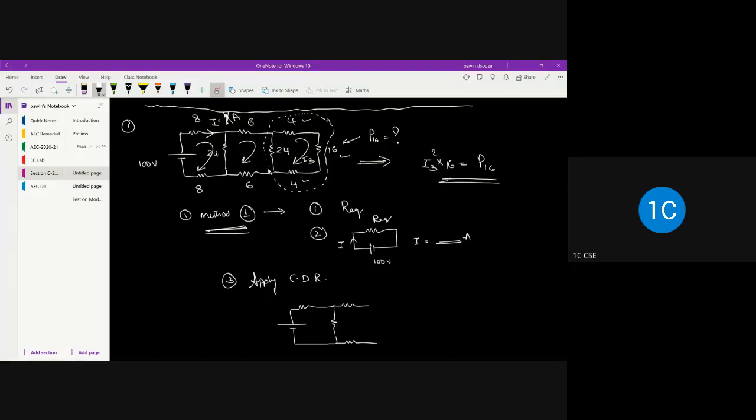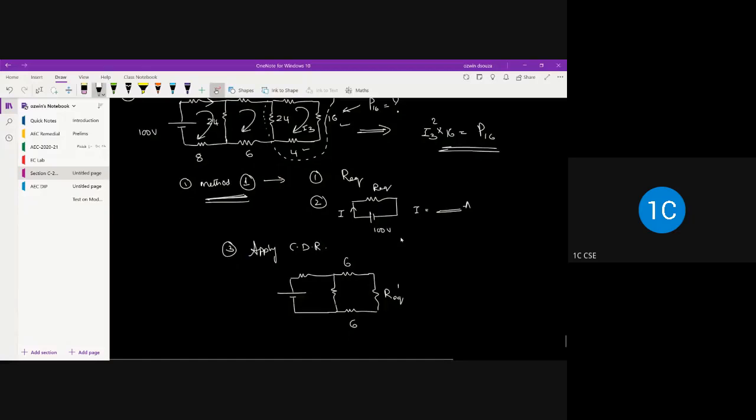So in the current division rule, if you want to take this, you will reduce it, right? This is 12, this is 6, and you will have one more equivalent, let's say R equivalent dash. Then again you can reduce the 3 and 2, sorry, 1.